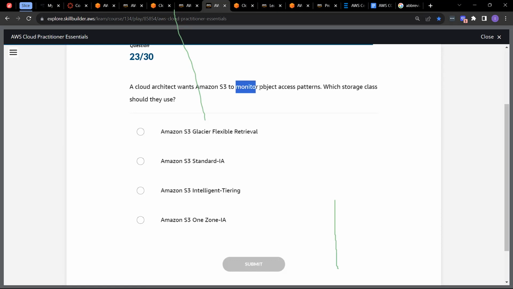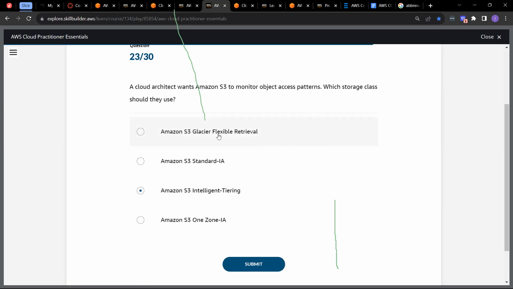We are looking at monitoring object access patterns, so that is Intelligent-Tiering. Anybody who knows and understands, we could explain. If you don't understand, submit and explain.